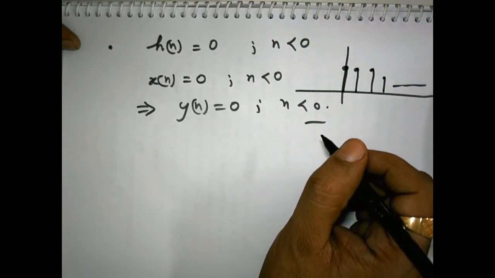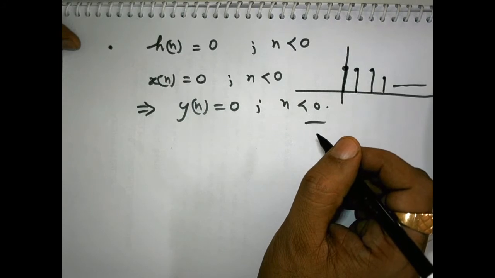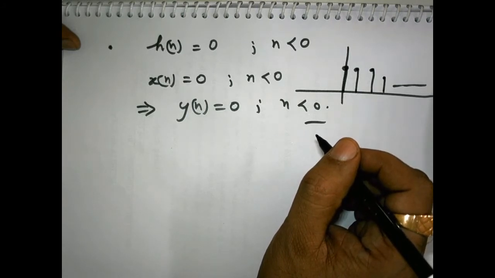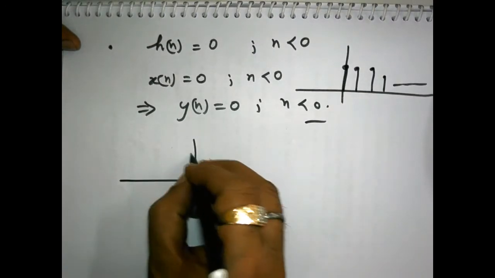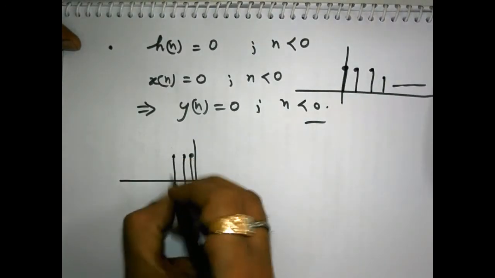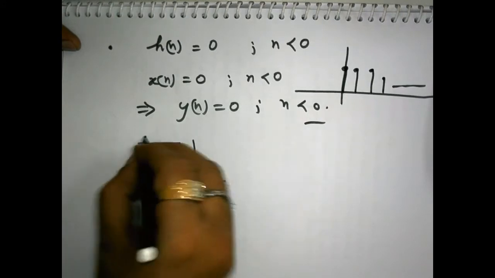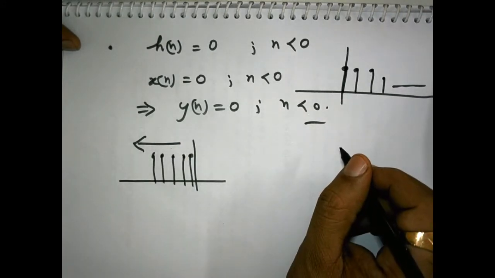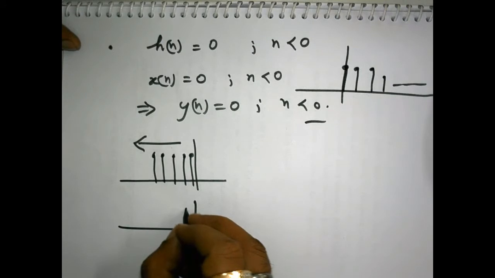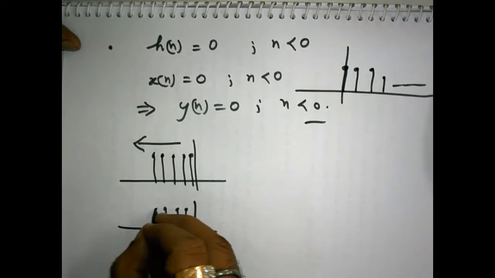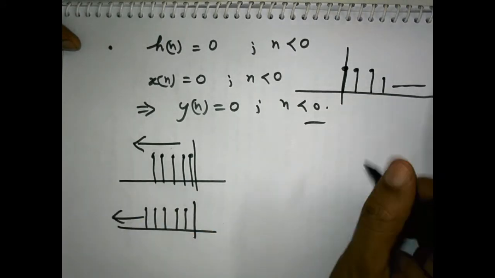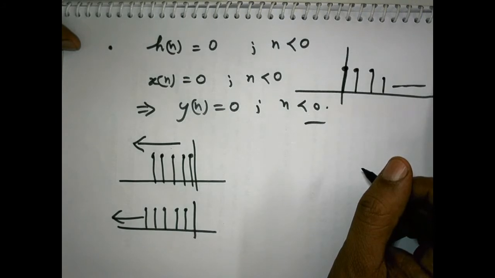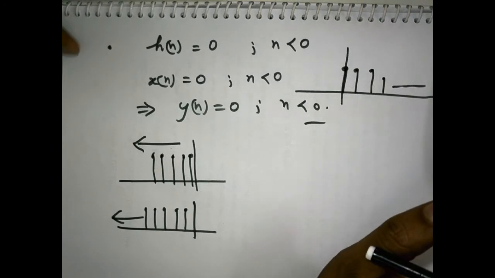The extension of this result says that the convolution of two left hand sided signals, meaning the signal exists only for the left hand side of the time index, will be a left hand sided output, and the convolution of two right hand sided signals will be a right hand sided output. This is the third property.